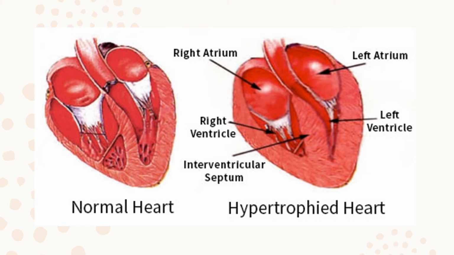And you can see that it even gets bigger in the septum. And so notice that as the muscle gets bigger, the chamber size is reduced. And so this has a lot of implications for how much volume is needed and for how much volume it can hold for the whole hemodynamic picture of a person.